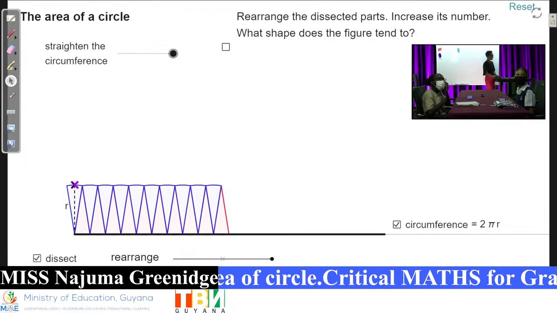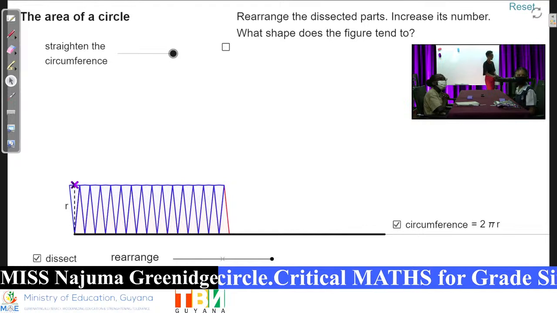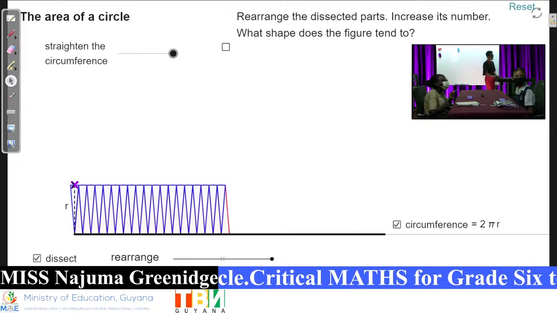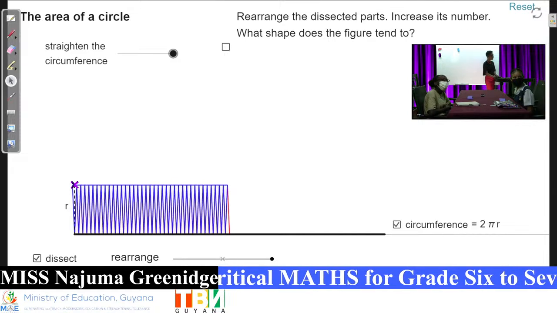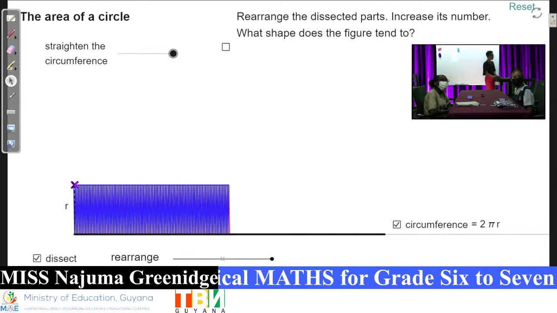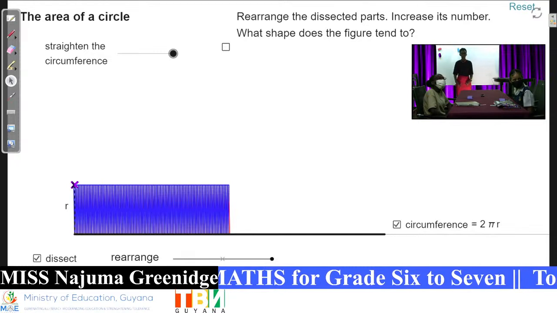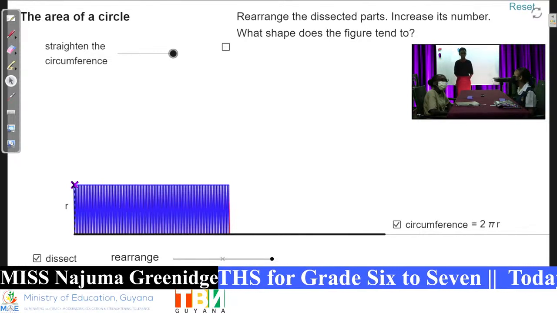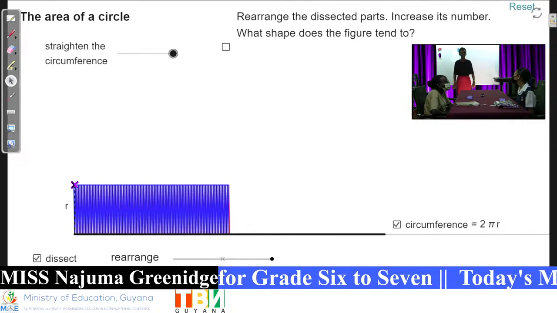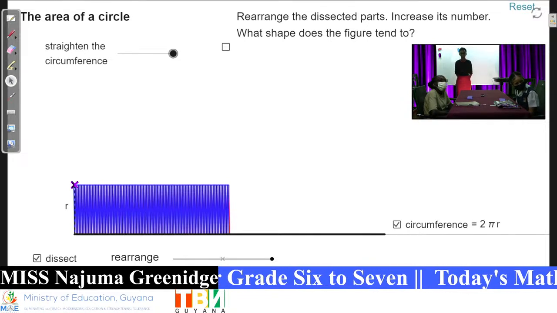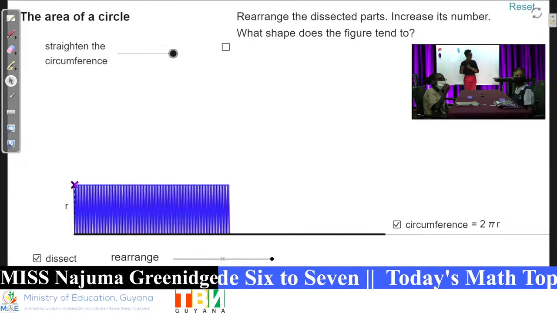So I have 18 there, 24 sectors, 28 sectors, 38 sectors, 50 sectors. So let's go all the way down to 200 sectors. What does that figure look like? What kind of a shape are you seeing there? A rectangle. Rectangle. So, great.